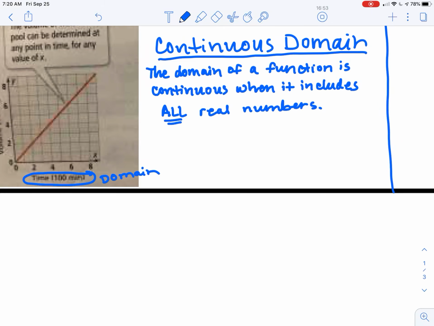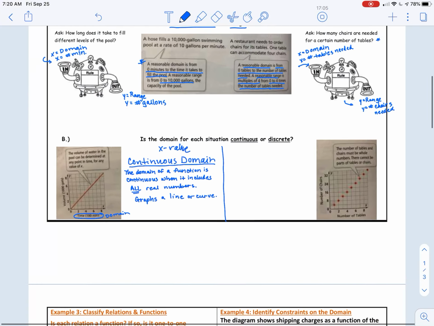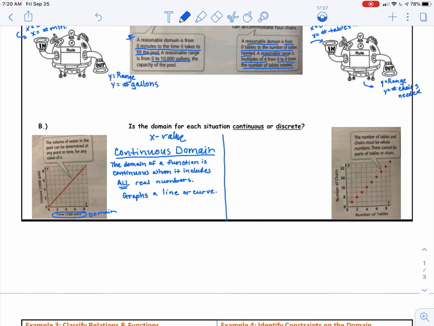And it will always make, on your graph, it's going to graph a line, or it might graph a curve, which we haven't seen yet, but you just need to know that it could graph a curve. Okay? Whereas on the problem with the tables and chairs, this is more of a discrete domain. Let's talk about what discrete means.